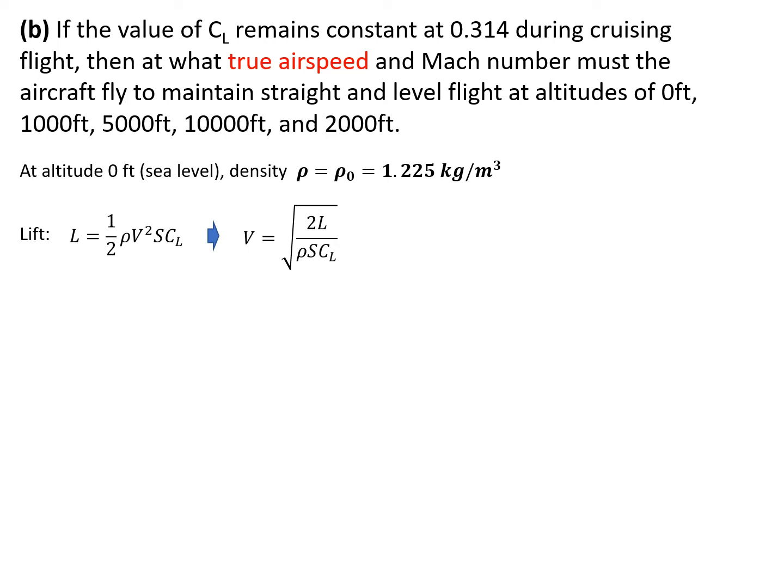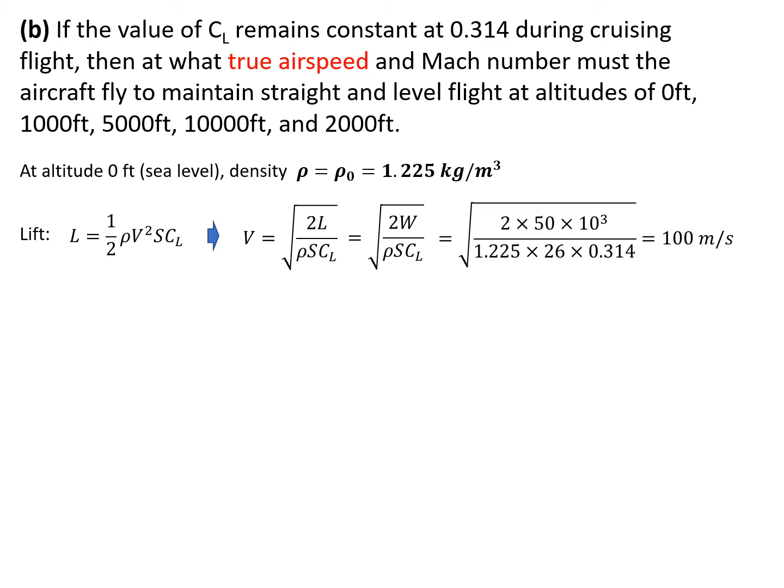Explicit is square root 2L divided by rho S CL. And because it's a level flight, L equals W, we just replace L by W. And now we can see we have the W, which is the weight. We know the density at sea level, and we know the area, and also we know the lift coefficient. We can just get the true airspeed, which is 100 meters per second.